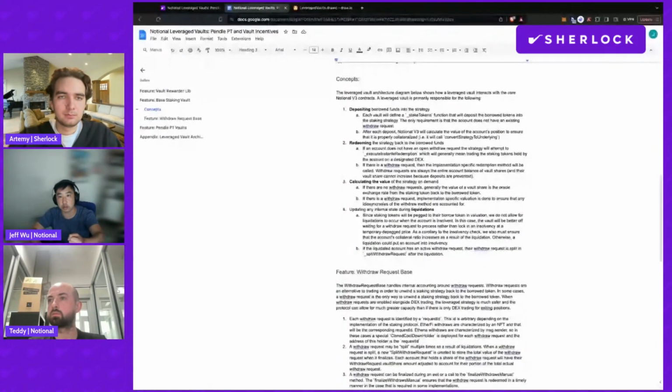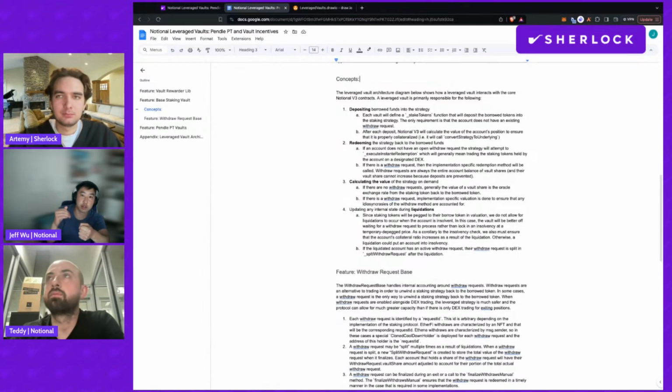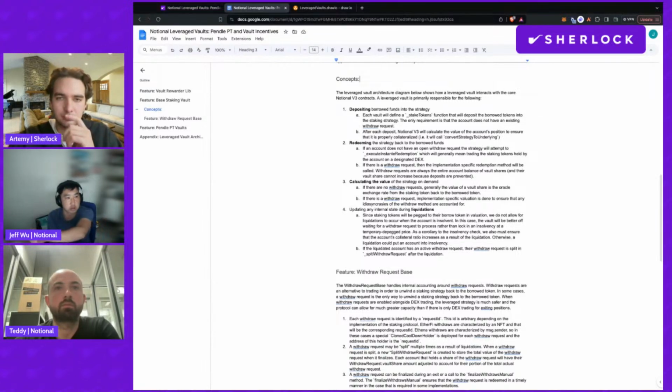All the vault is responsible for is these 4 actions here. When Notional gives the vault funds, it's going to call this method deposit from Notional. And each one of these staking vaults is going to have some implementation of how it gets those borrowed funds into its staking token.